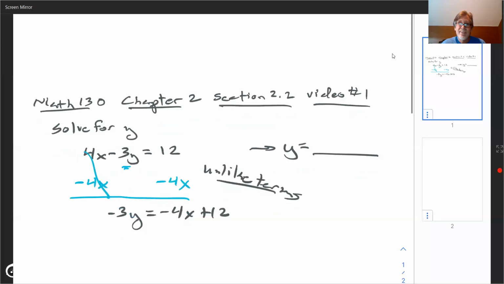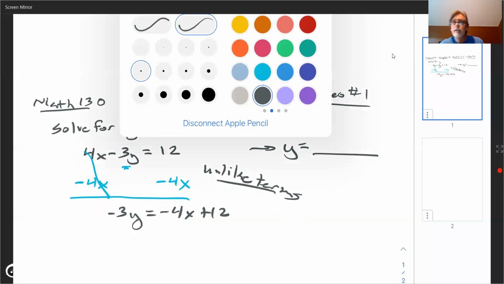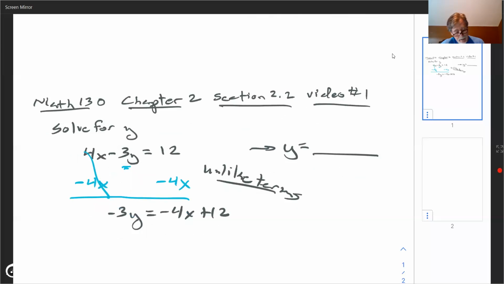Our last step is to come through and get rid of the coefficient. Okay, so you know that you're supposed to divide it away because that turns into 1y, okay? But where do I put the -3 on the other side? You have two choices. You can divide each one by -3, totally legal.